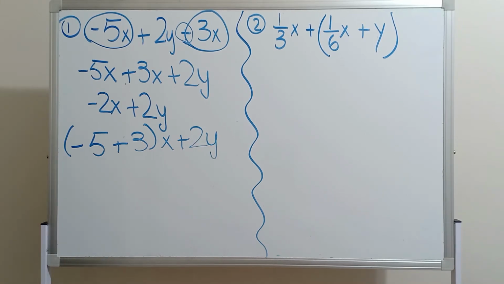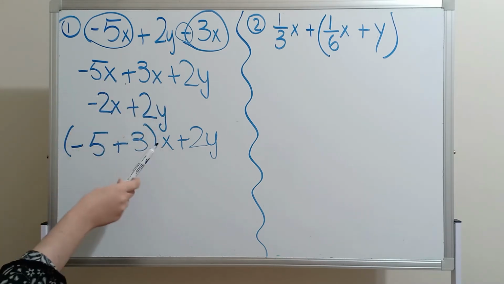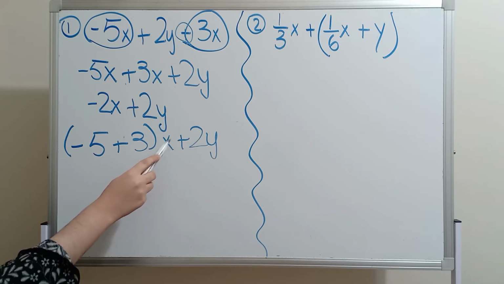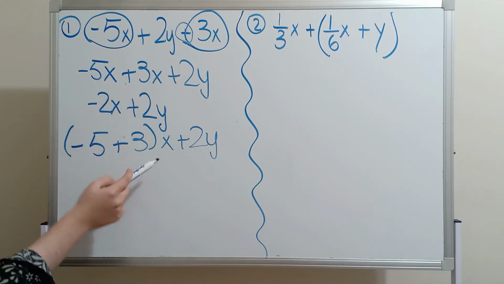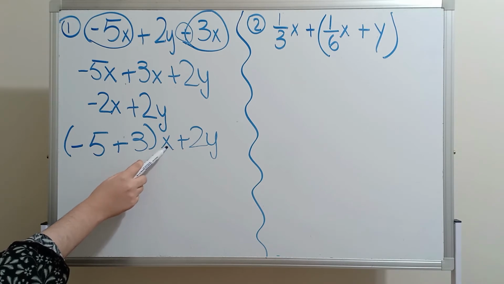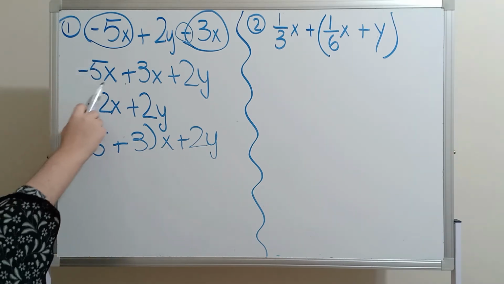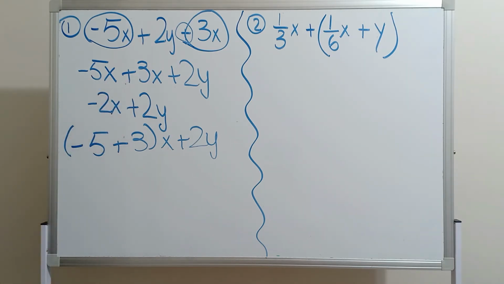We can see that both terms have x's. As we know in the distributive property, we multiply the number or variable outside by each term inside. So to get an x at the end of both terms, we put an x outside, because we will multiply x by both of these numbers. We take the numbers, negative 5 and 3, and put them in the bracket.